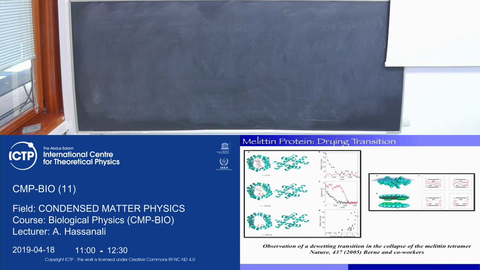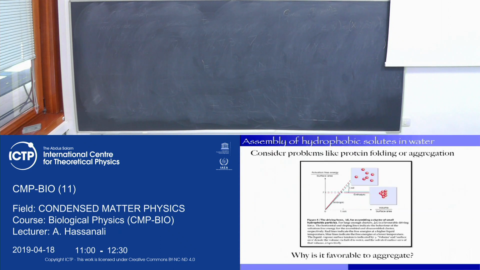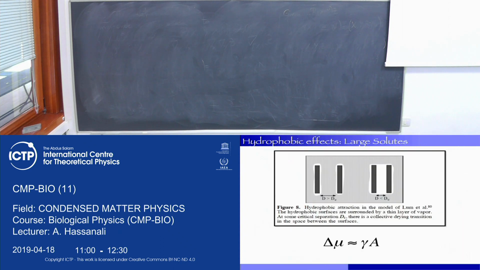What causes the helix bundle to collapse or to expand? How is this coupled to a de-wetting or a drying transition? Okay, so it's quite analogous to this problem. Of course, now you have a biological system that you're studying.